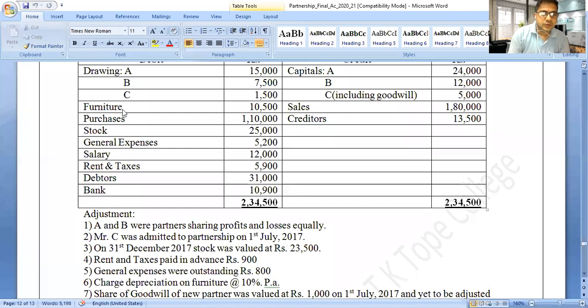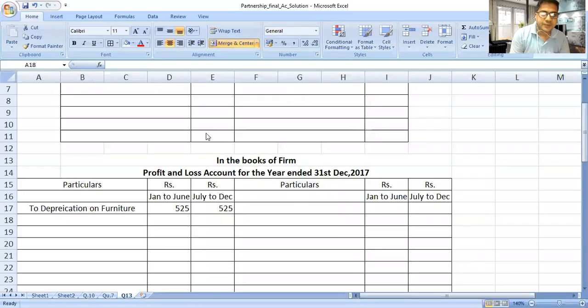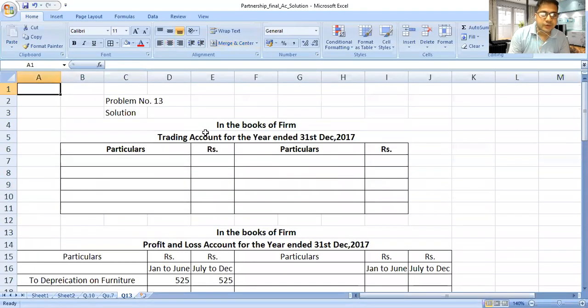After recording this furniture, next in our trial balance is purchases 1,10,000. Purchases we have to show in our trading account, on the debit side.